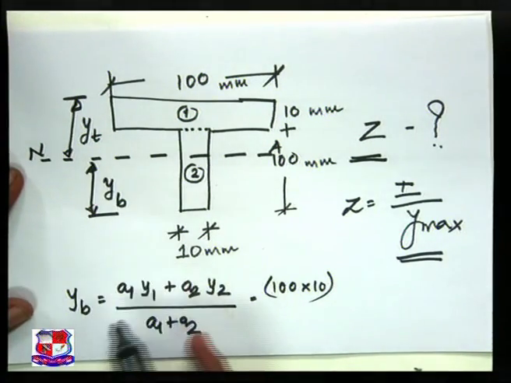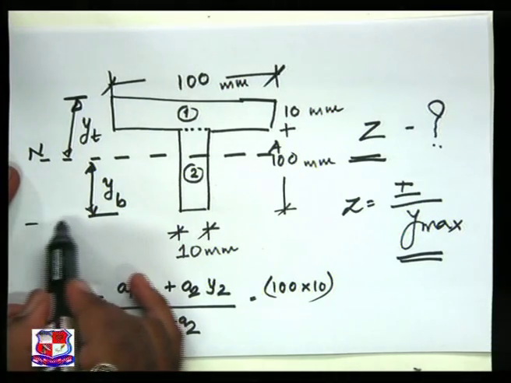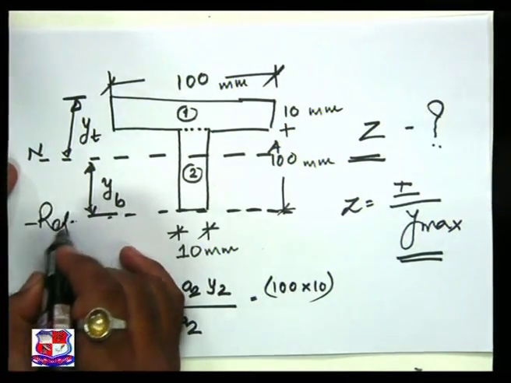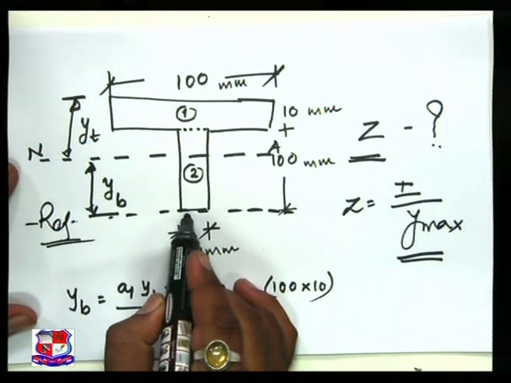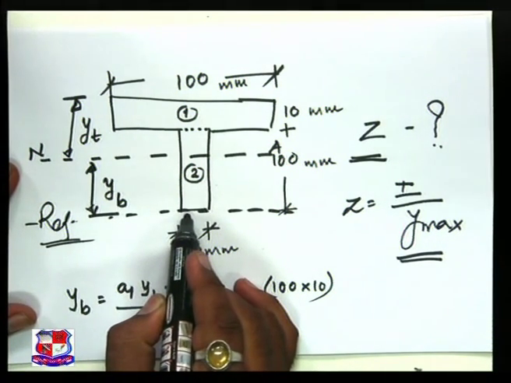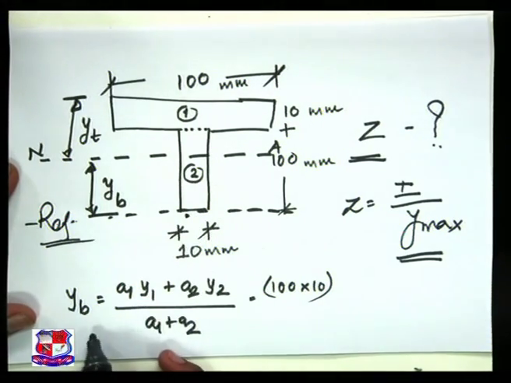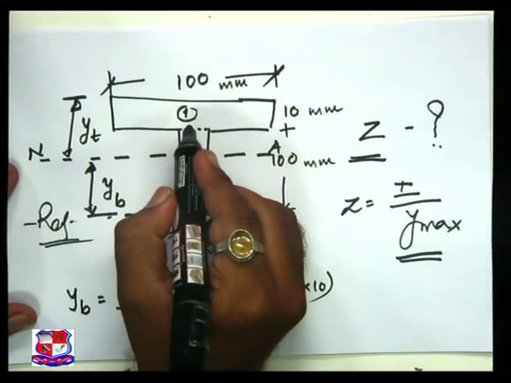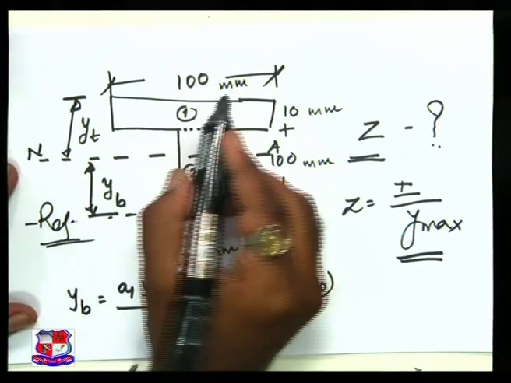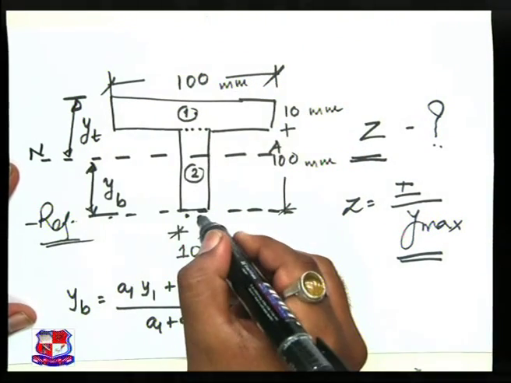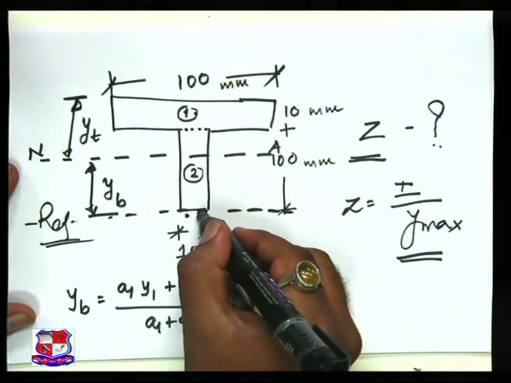Now we have taken the bottom as my reference axis. This bottom layer is my reference axis. Then what is y1? y1 is the distance of the center of the first part to the bottom layer of the T section.